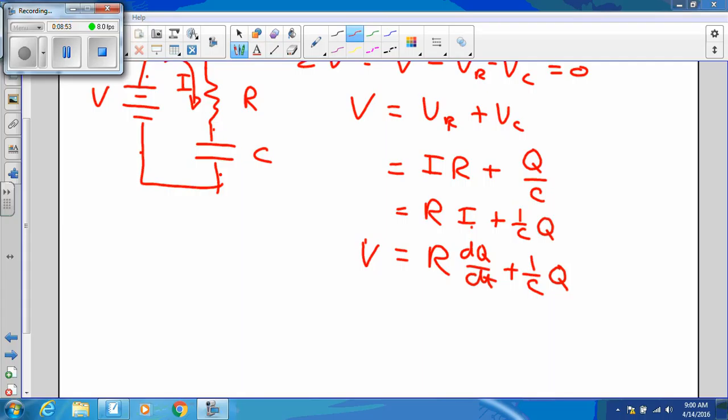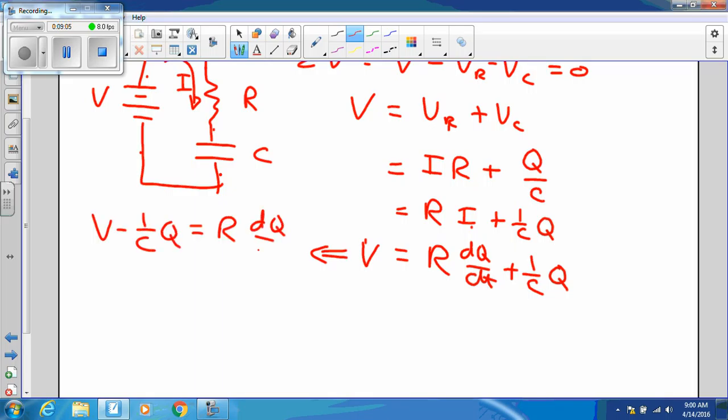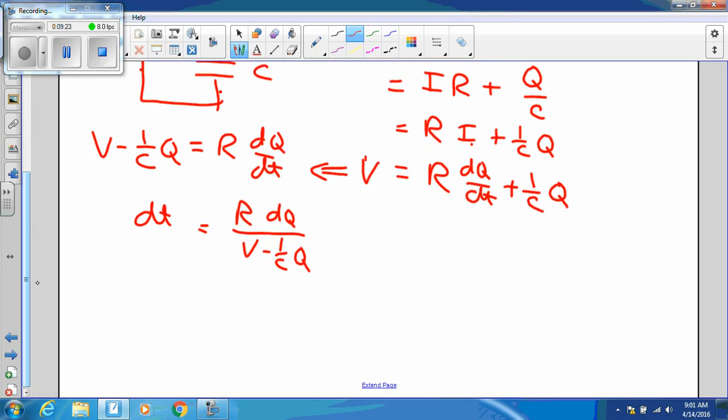And this differential equation, if I'm really clever, can be made into a separable differential equation by subtracting 1 over C times Q from both sides. And now I can multiply both sides by dt, divide both sides by V minus 1 over C times Q, and get this right here.